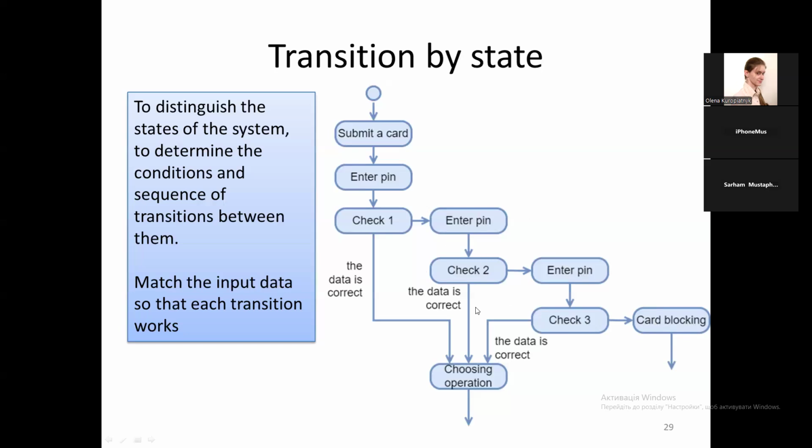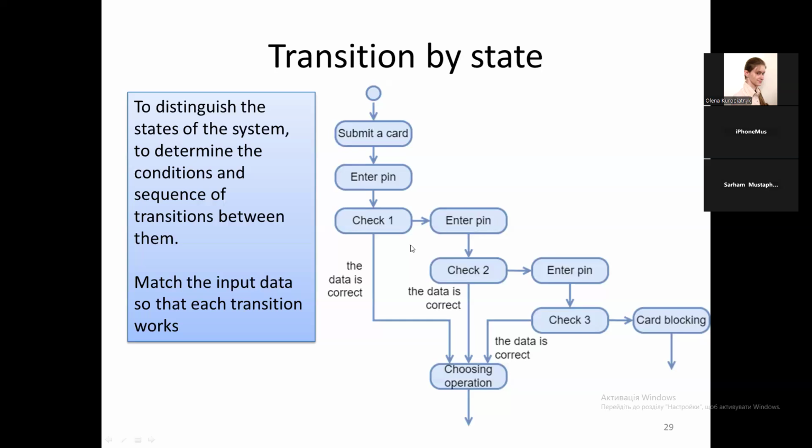But if we have the correct data, we can choose the operation: get money, check the state of our account, or another action. And if we have this state diagram, we need to prepare one test for each different combination of transitions by state.